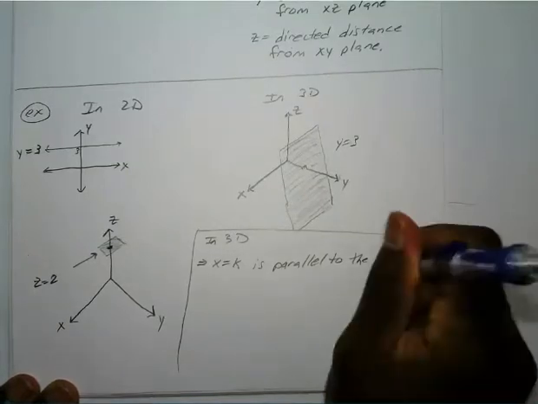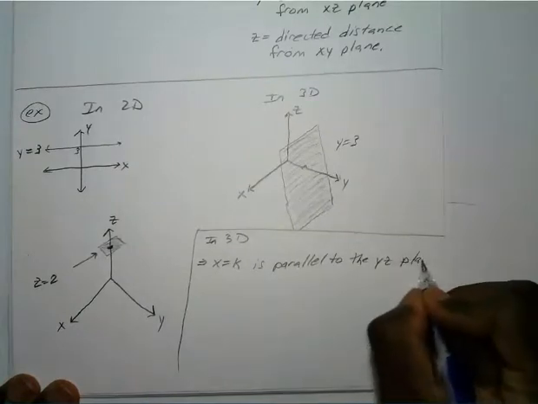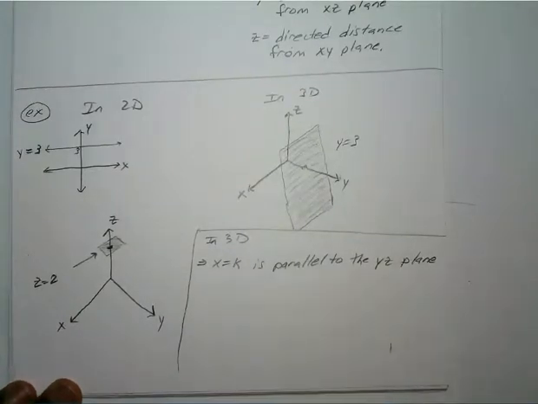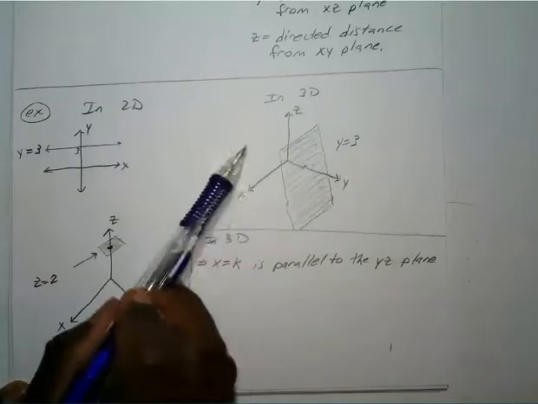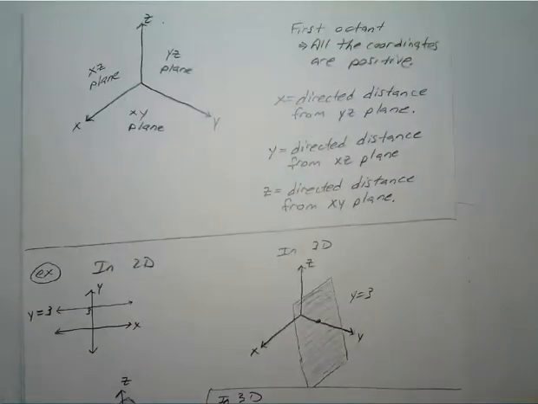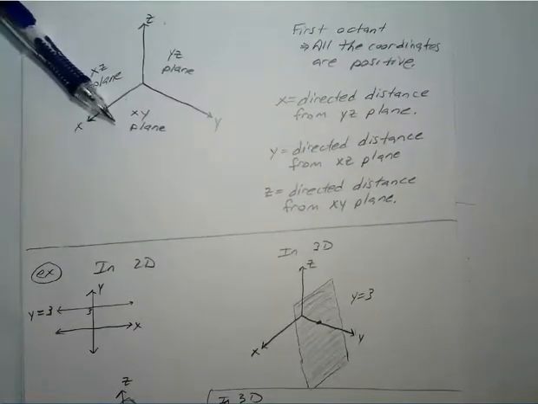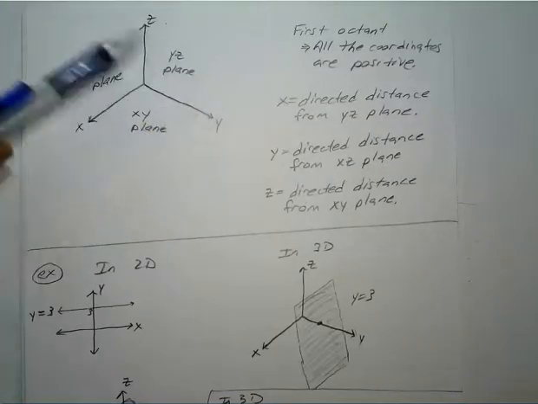We'll move that over a little. Okay, so if we had X equals 3, then that would be a sheet of paper parallel to the YZ plane. Okay, so X equals 3 would be a sheet of paper right through there, and it would be parallel, the same direction as the YZ plane.